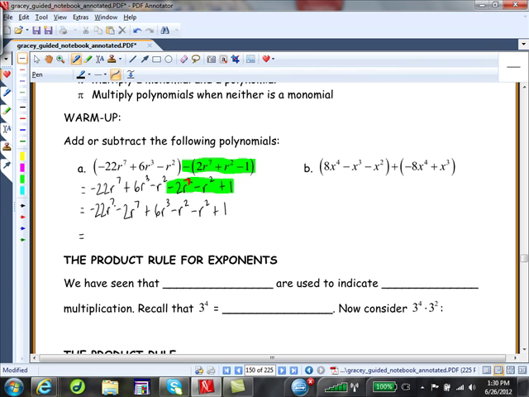Negative 22r to the 7th minus 2r to the 7th gives us negative 24r to the 7th. And then we'll have a positive 6r cubed. We'll have minus 2 of those r squareds, be careful, plus 1. Okay, so here we go.